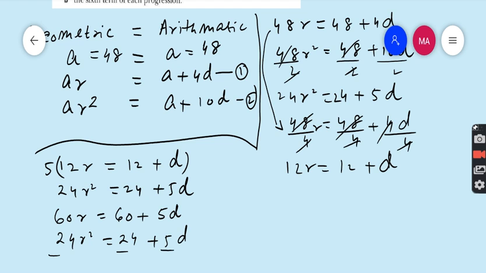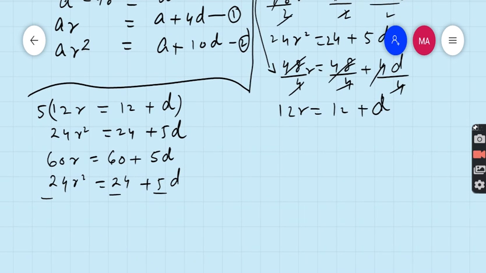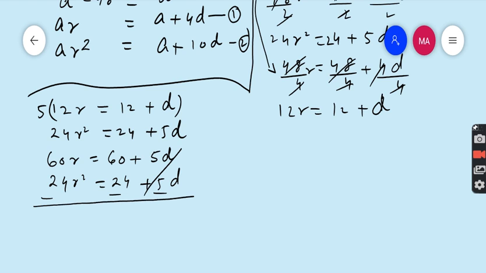Subtract these equations, these terms. Minus 5d plus 5d cancel, 60r minus 24r square is equal to 60 minus 24, that is 36.